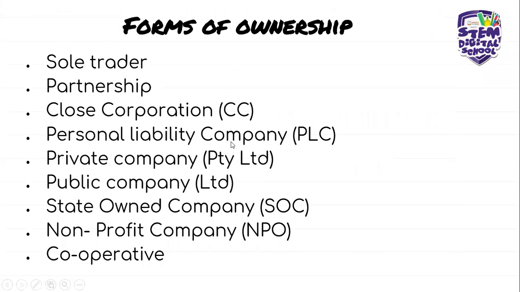How many companies do we have? We've got 1, 2, 3, 4, 5. So you've got 5 different companies. Now we need to classify these 5 different companies on whether it is profit or non-profit. Which ones are non-profits, which ones are profit. So according to these 5, let's see which ones are profit and which ones are not.